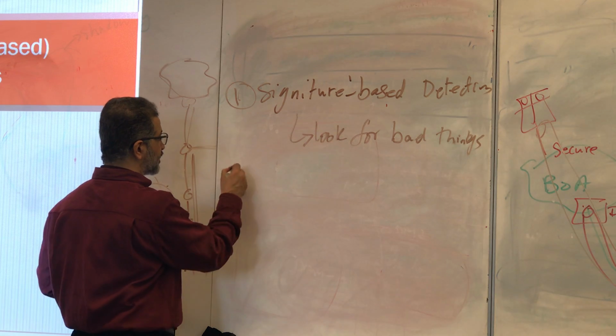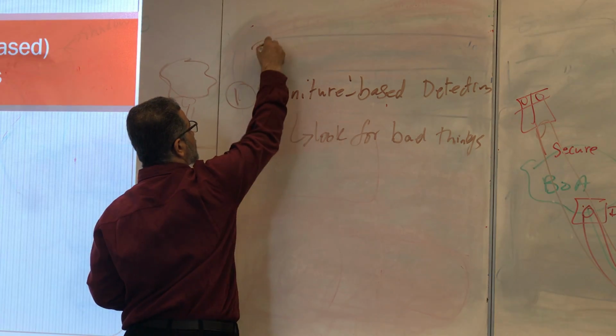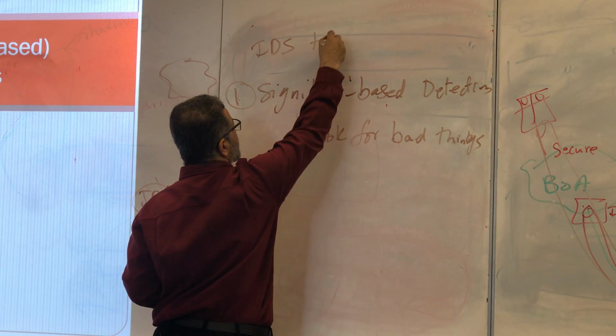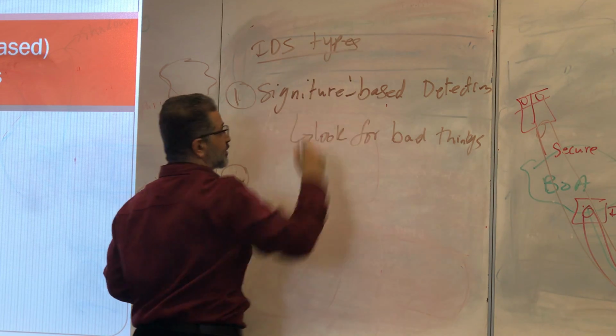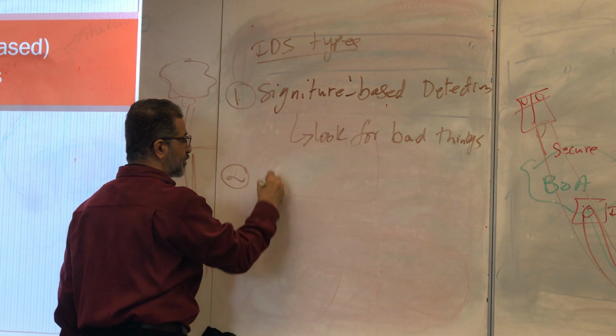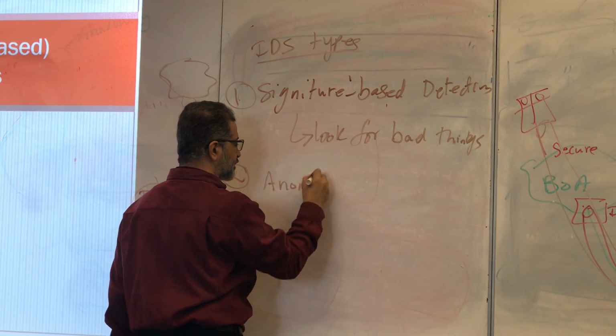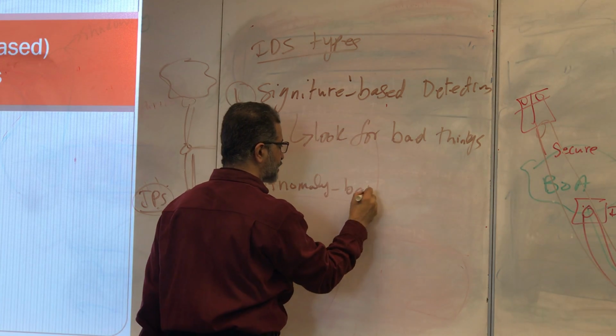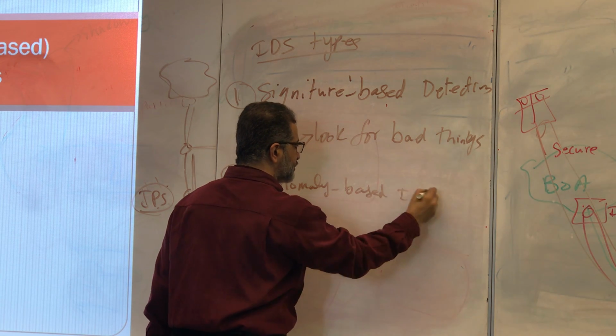And this is why we use another kind of IDS. These are the IDS types. We use another level of IDS, and this is called anomaly-based IDS.